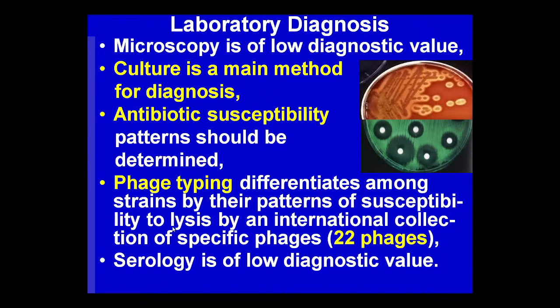But if they keep all those, especially extrachromosomal genetic elements that code for distinct virulence factors, then it will be highly pathogenic. And because all staphylococci are indistinguishable by morphological features, we usually have to perform culture for diagnosis.